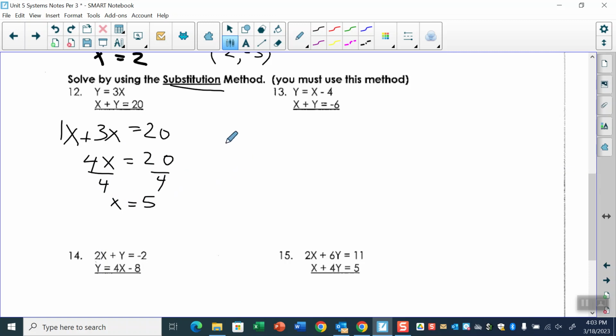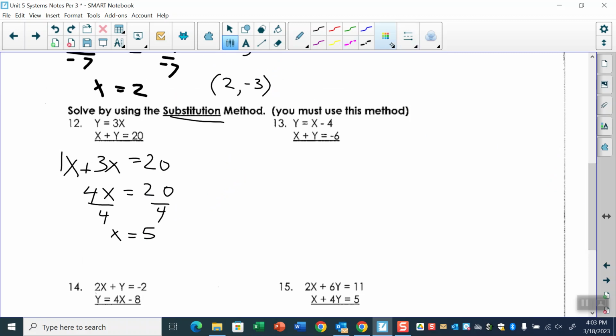Now when you go back up, it's easy to substitute in to find your answer because the y is all by itself. So you've got y equals 3x, but instead of the x, I'm going to put in a 5. So y equals 15. So the point where they intersect would be 5 for the x and 15 for the y coordinate. Then you check by putting this into Desmos and seeing if this is where they intersect.